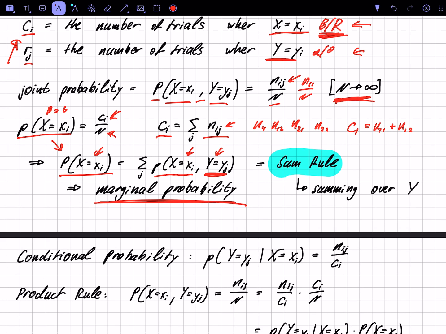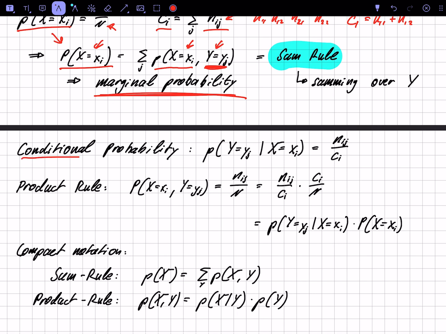Besides the marginal probability, we also have the conditional probability. And the conditional probability is the probability that y takes yj, given that x is xi. And this can again be rewritten as nij divided by ci, and again with n goes to infinity.